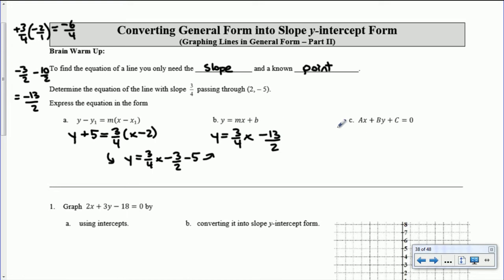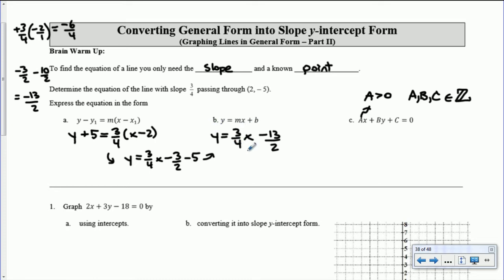Now for general form, I need to make sure again that a is greater than 0, and I need a, b, and c to be in the set of integers. That's the symbol for integers, a sort of stylized z. It's good that we have the x already positive, so I'm just going to bring the y over.